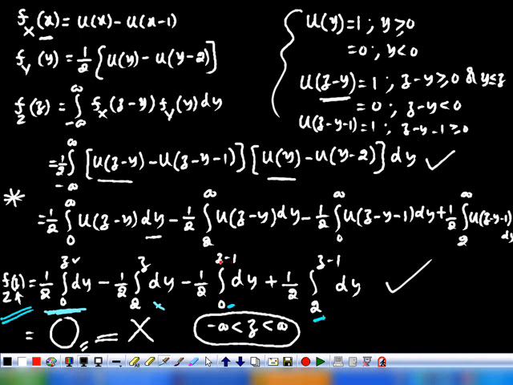For example, if z is 1.5, then we have to consider this integral also. That is the first integral and the third one. The remaining 2 can be eliminated because in the remaining 2 the lower limit is starting at 2. But we are letting z be in between 1 and 2. Therefore, second and fourth integrals can be eliminated.